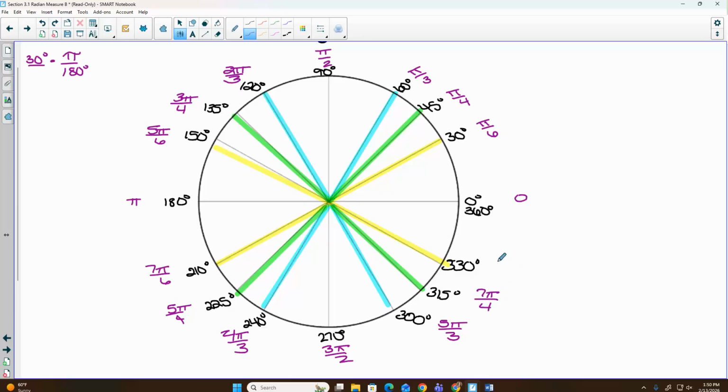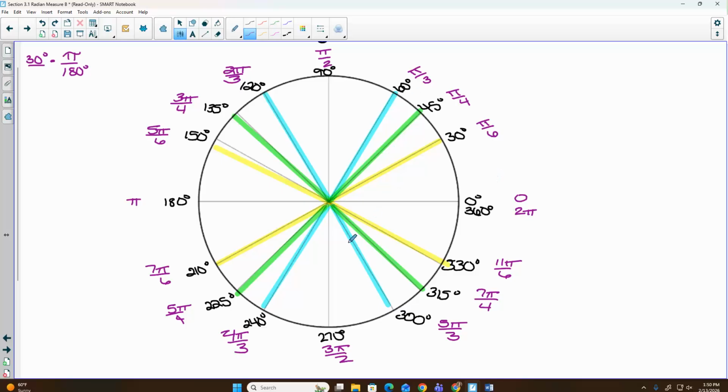And 330. 11 pi over 6. All right. 360, if you wanted to, you could say that's 2 pi. 0 and 2 pi represent the same place. So we have all of our degree and radian measures on here.